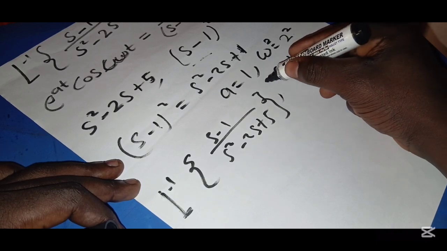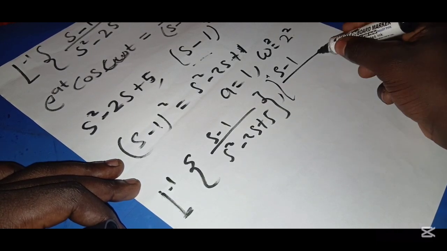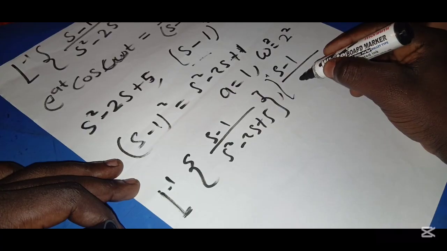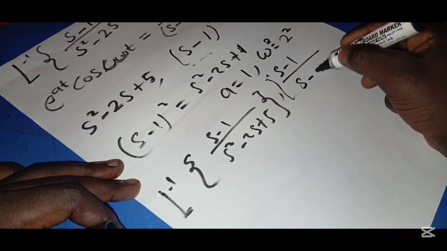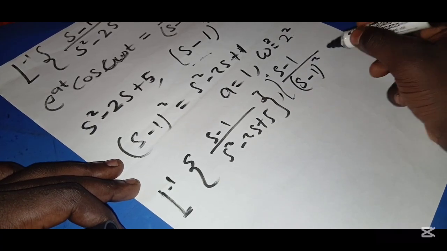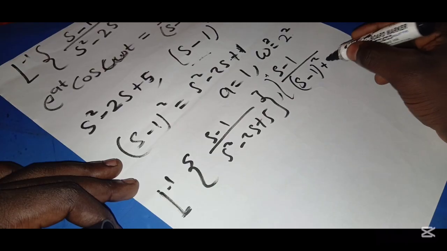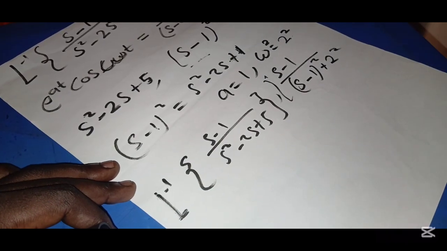Okay, the inverse Laplace transform for (s minus A) over (s minus 1) all squared plus 2 squared.